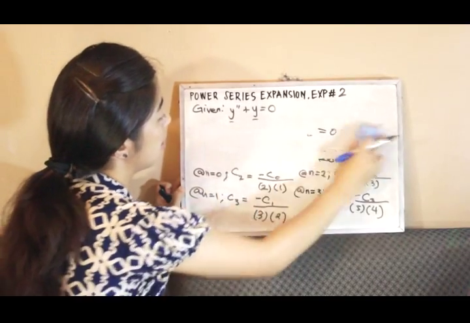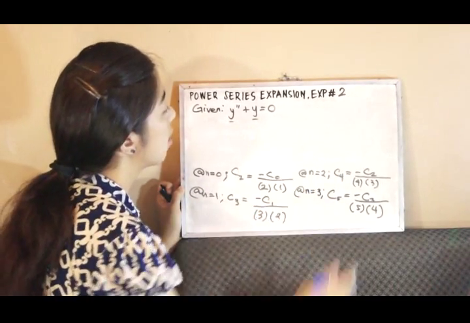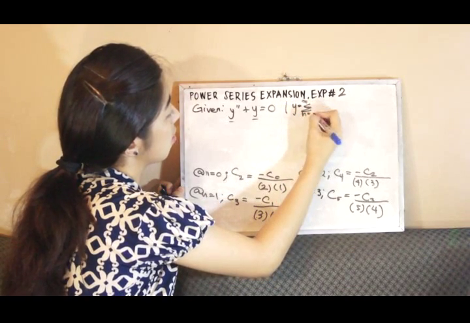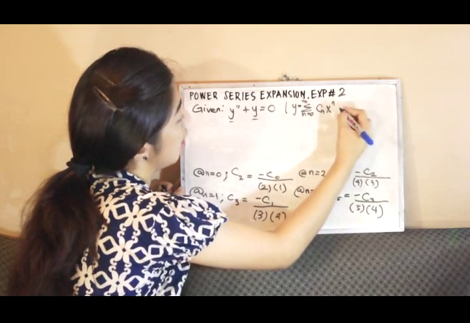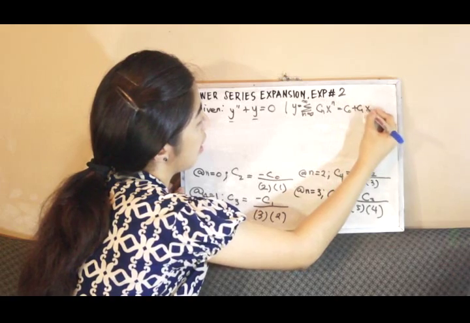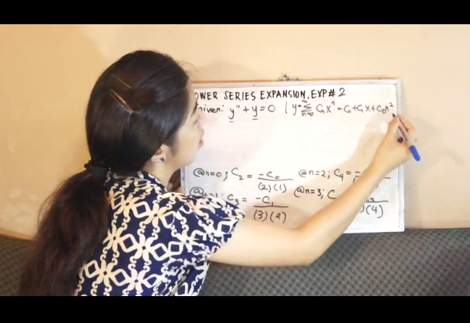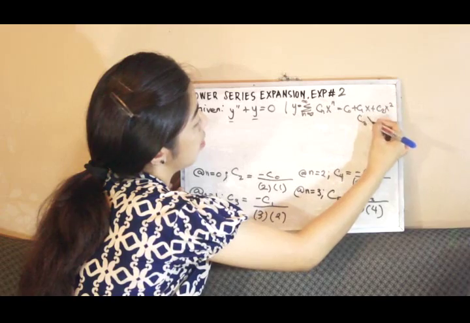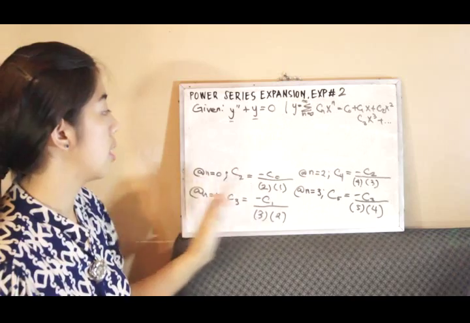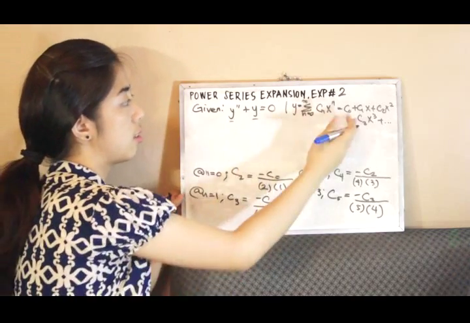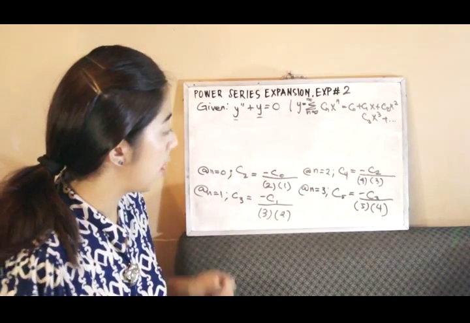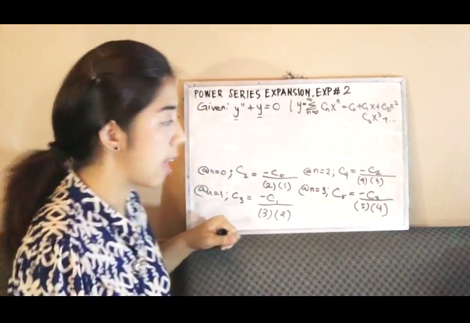Now, we have the equation y equal to the summation of c sub n x raised to n, equivalent to c sub 0 plus c1 x plus c2 x squared and c sub 3 x cubed, and it goes on and on. Now we could insert the coefficients into this equation. Continuing the process, we could actually evaluate this now.